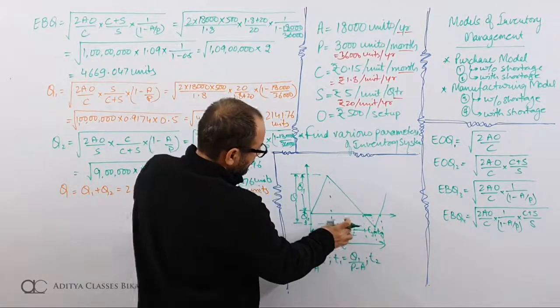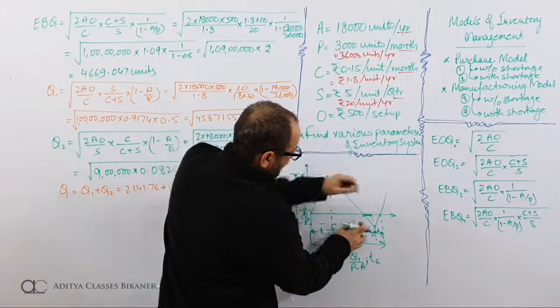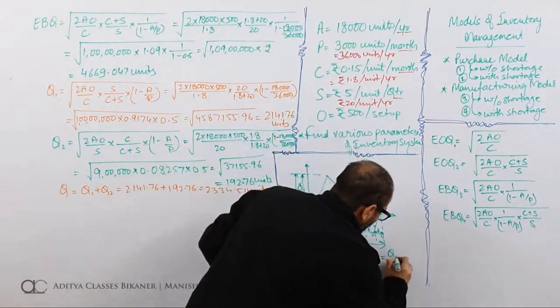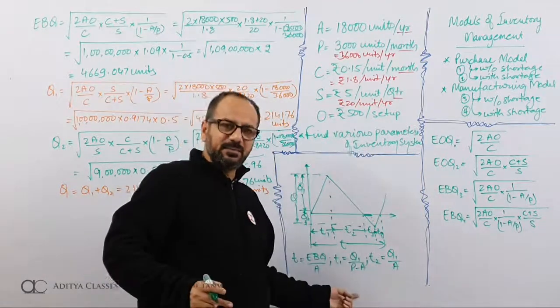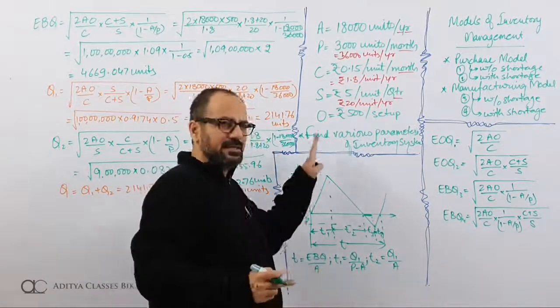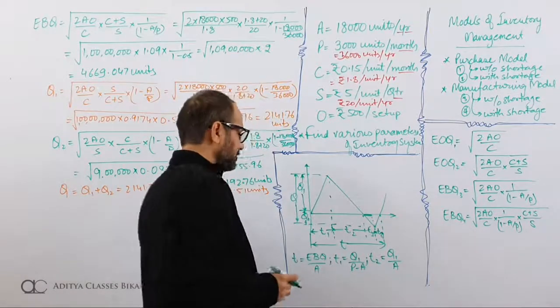T2 we start at the level of Q1, and by the time we come to the end of T2, we are at 0. So it will be Q1, but this time in the denominator we will have A instead of P minus A. When we rise, we go up with P minus A. When we come down, it is at a rate of A.